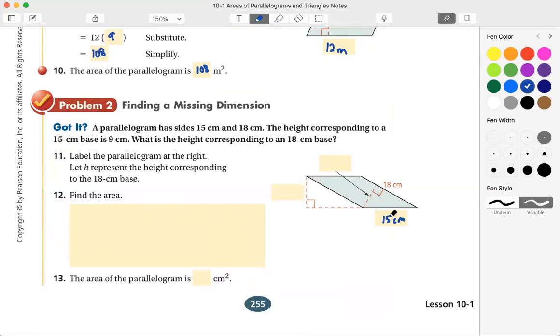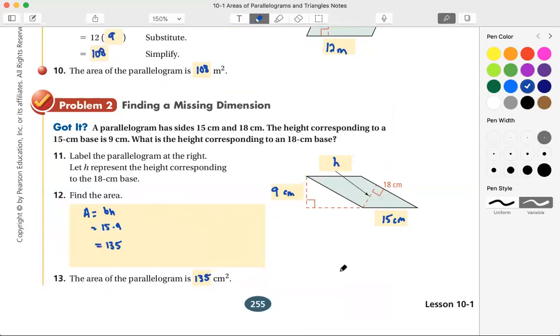We know this is 18. We know this is the height corresponding to that base of 15, so that's 9 centimeters. We don't know what this is, so let's call this H. Let's find the area of this entire figure first. The area is base times the height, which equals 15 times 9, which equals 135. So the area of the parallelogram is 135.